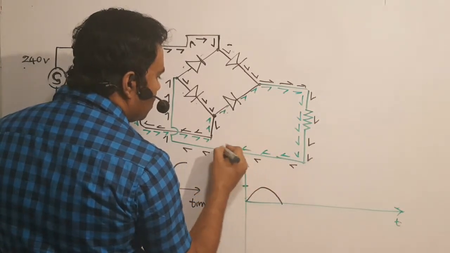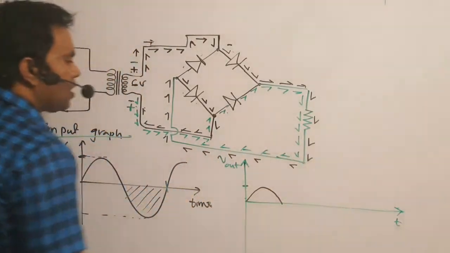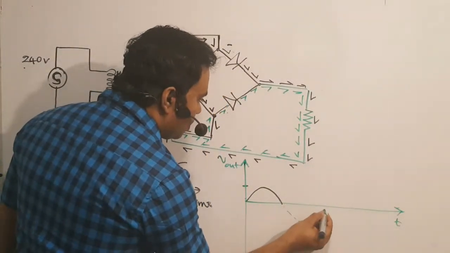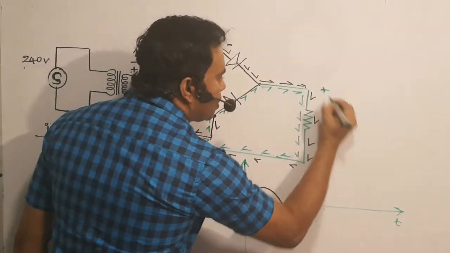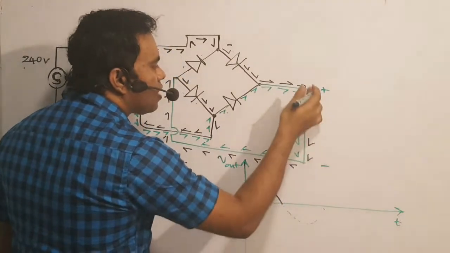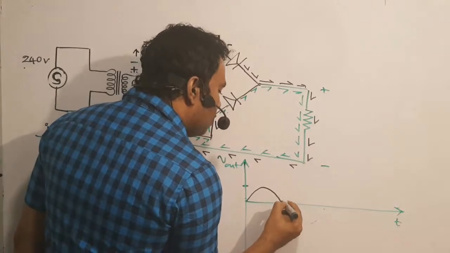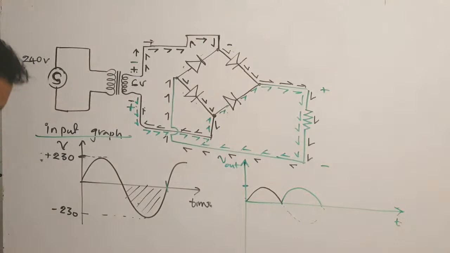Whichever way it goes through our device, the current came. So the negative half is also coming positive to negative through the device. So that negative half also becomes positive. This is how it works.